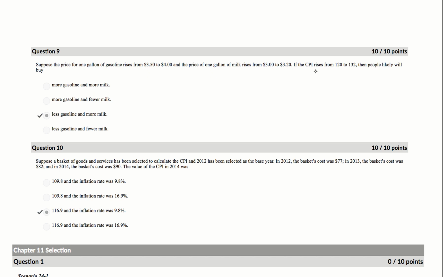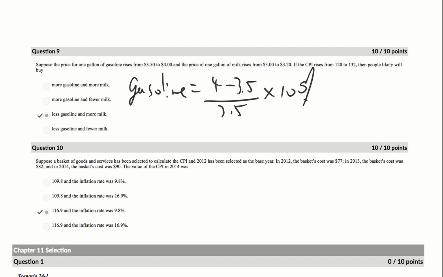Okay, so for gasoline price, this will be $4 new price minus the old price $3.50 over $3.50 times 100%. Let me see how much this is. That's going to be 14.29%.